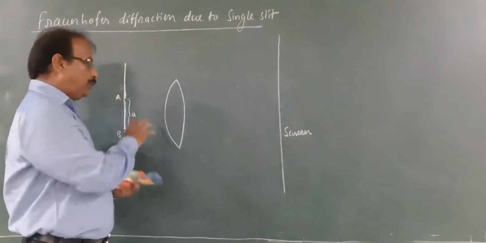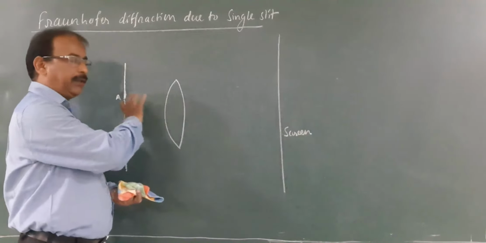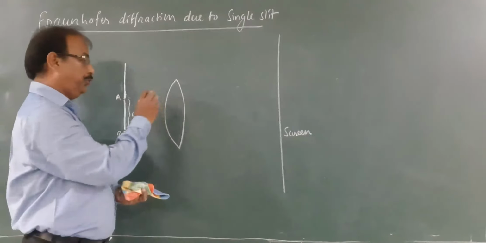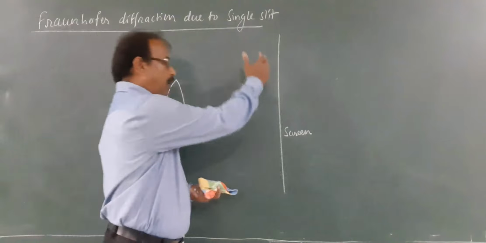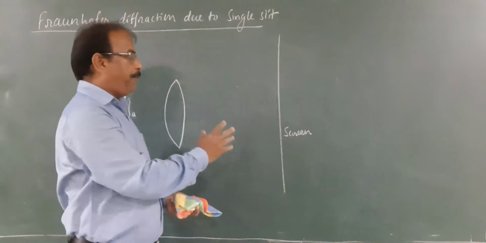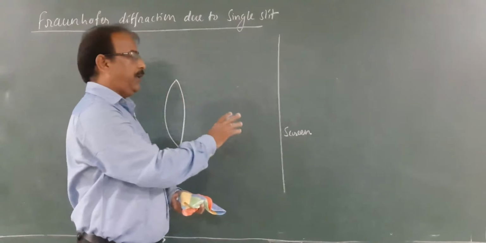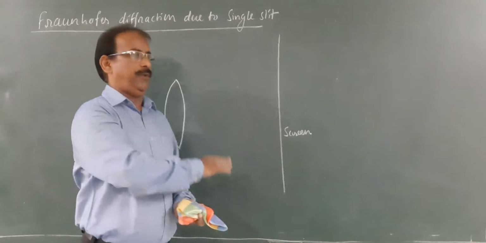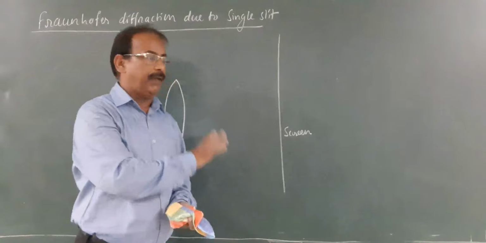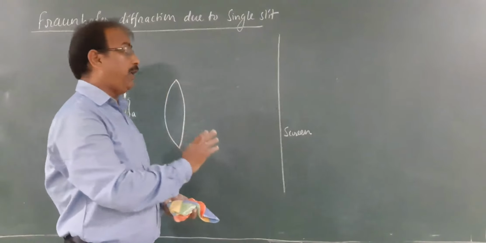If we allow the light to pass through this convex lens, then on a screen we get a pattern of alternately bright and dark bands, just like an interference pattern. It is not an interference pattern. It is a diffraction pattern.